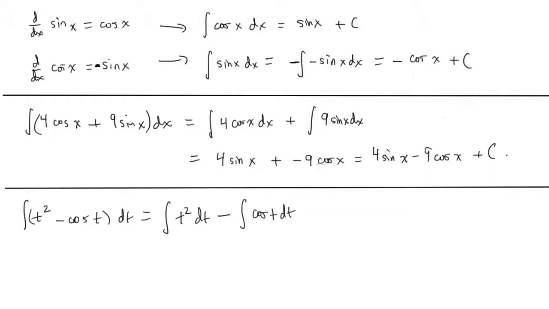And it's minus because we had a minus in the original problem. Now, the second one here, the integral of cosine is sine, so we'll get a minus sine because of the minus that was already there. And then t squared, well, that's not a trig function, but we remember this. It's just t cubed over 3. And then, of course, our plus c.